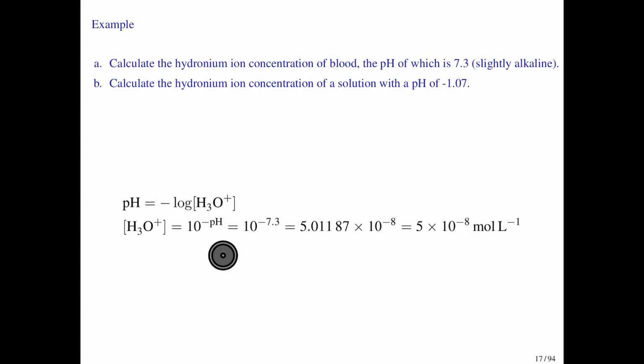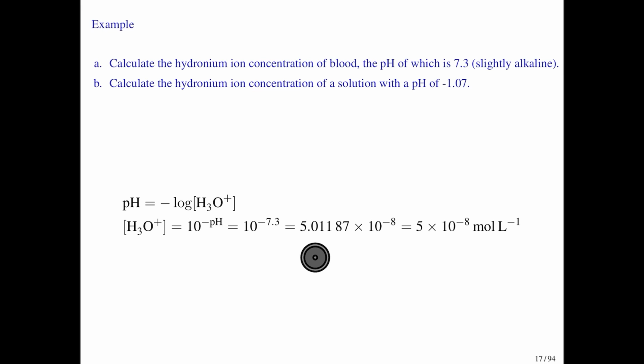And this is the result here. And what we do is we take the pH and we substitute in the value. So you type in minus 7.3 into your calculator, and then you use your anti-logarithm button to calculate this result here. It gives you a bunch of significant figures, and this last part here is choosing which of these digits are significant.